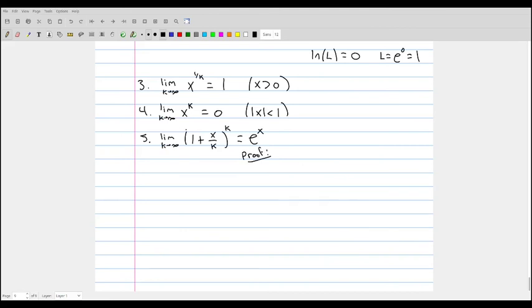It holds for any real value of x. And it's, again, a relatively straightforward example of L'Hopital's rule. As k goes to infinity for any value of x, this is going to be an indeterminate form of the form 1 to the infinity.